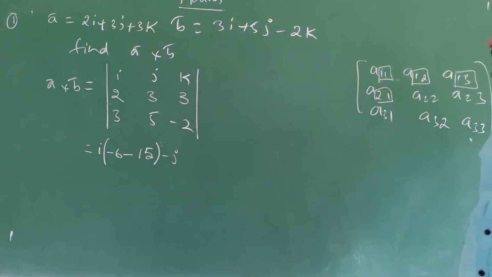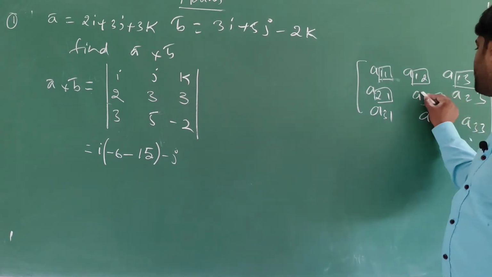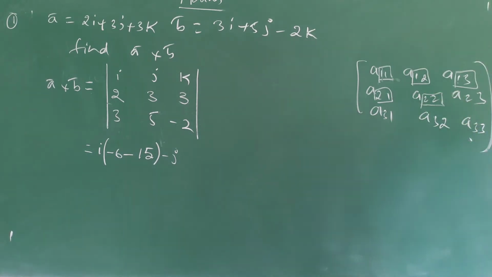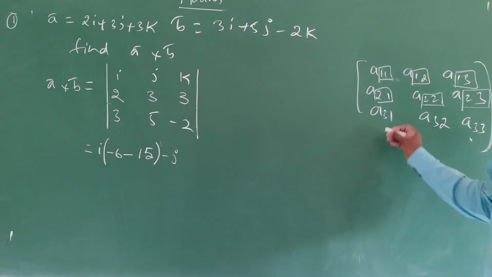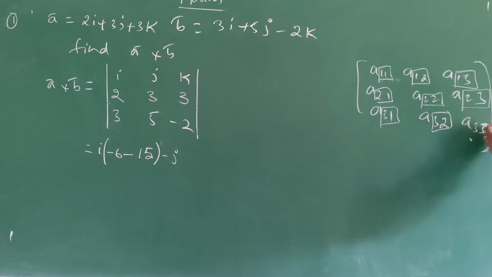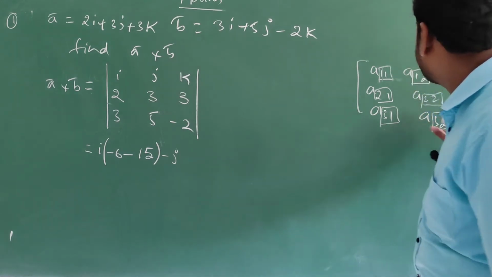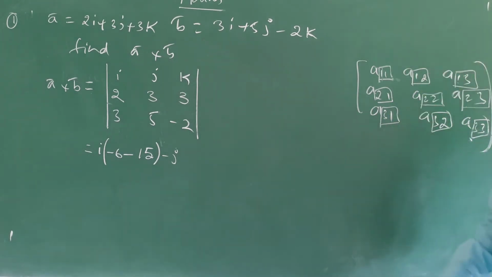A21: 2 plus 1 is 3, odd, so minus. A22 is 4, even, so plus. A23: 2 plus 3 is 5, odd, so minus. 31 plus, 32 minus, 33 plus. I will give a brief explanation about determinants in the determinants chapter.